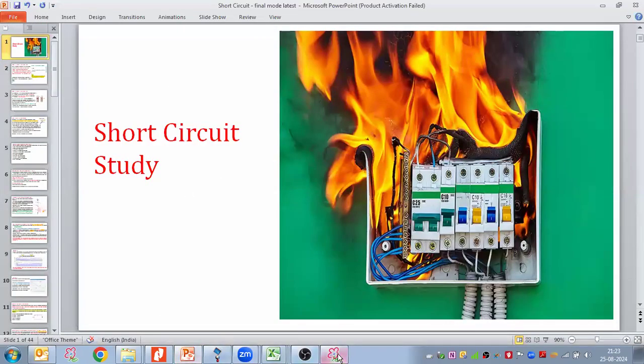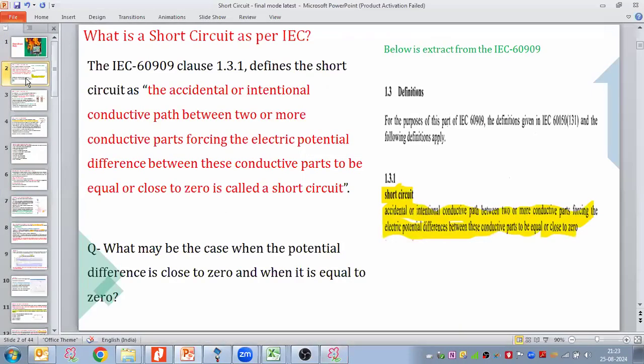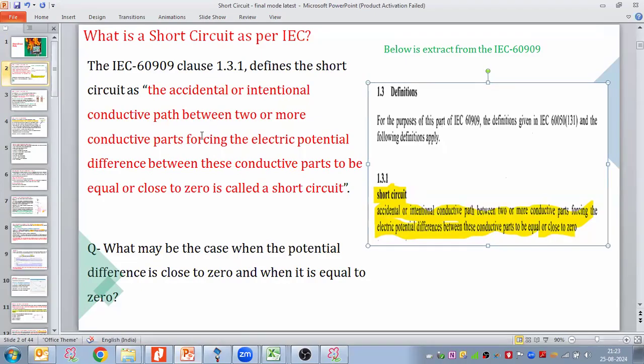For the short circuit definition, we can take IEC 60909. I took this extract from IEC 60909 and have written the same in my presentation. IEC 60909, clause 1.3.1, definitions: short circuit.